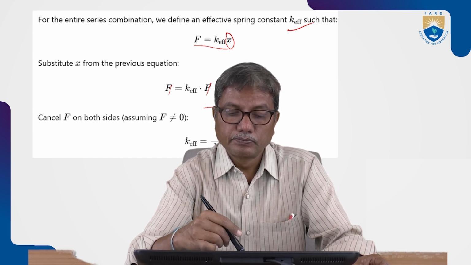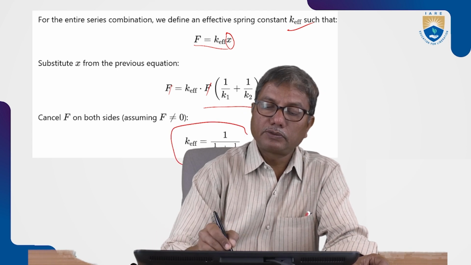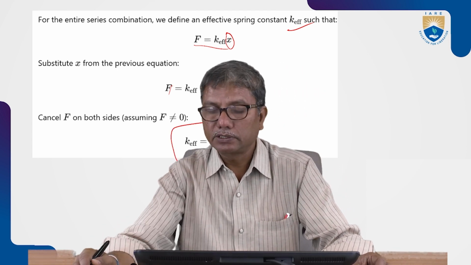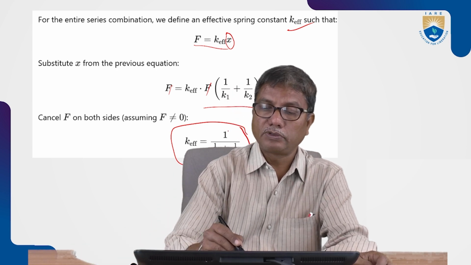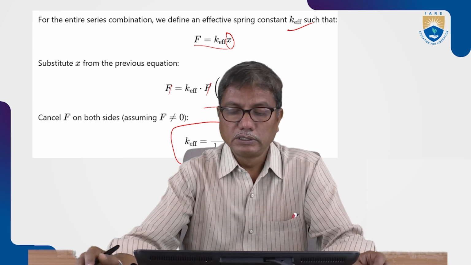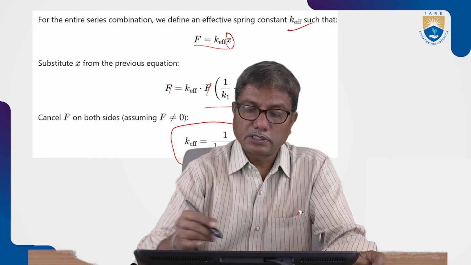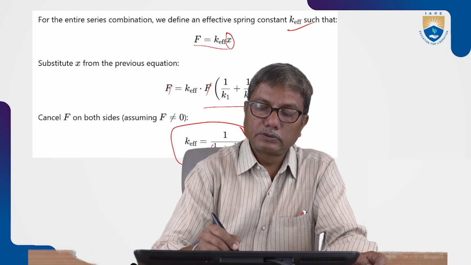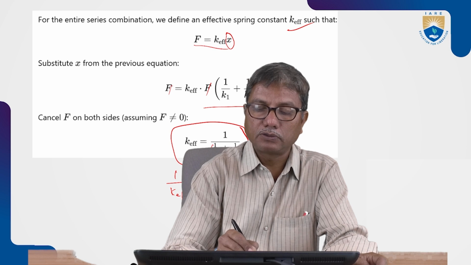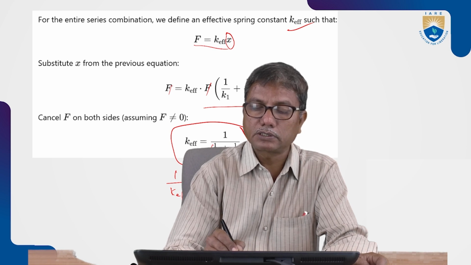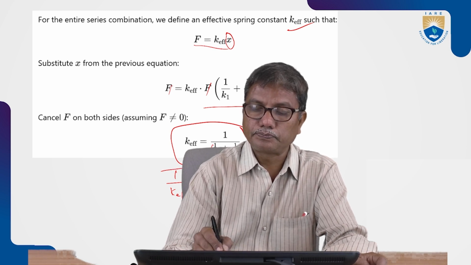Isn't it? So this is the relation between the stiffnesses. The effective stiffness or equivalent stiffness is given as 1 by 1 by K1 plus 1 by K2. Or we can also express this as 1 by K effective equal to 1 by K1 plus 1 by K2.